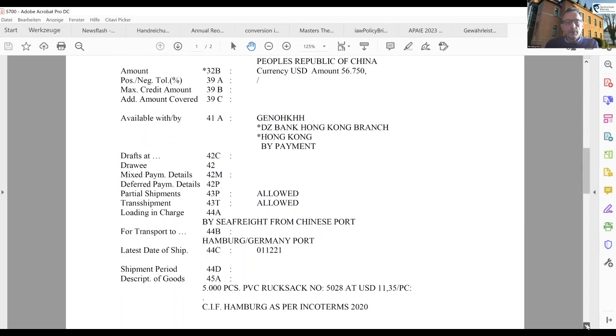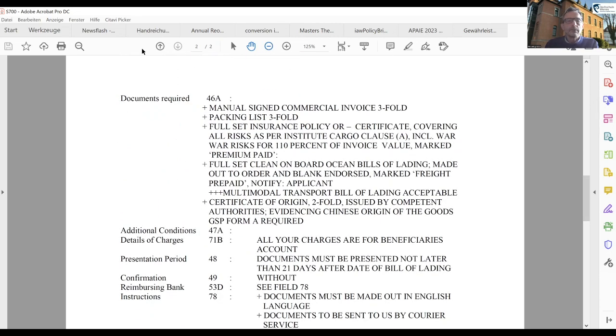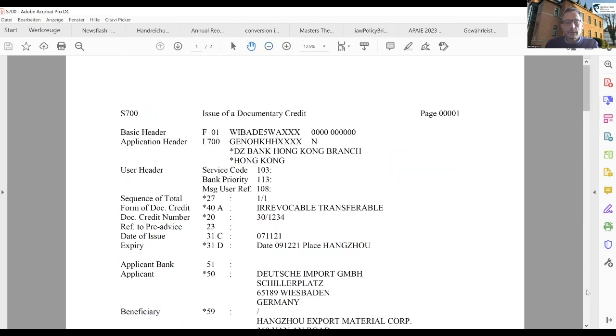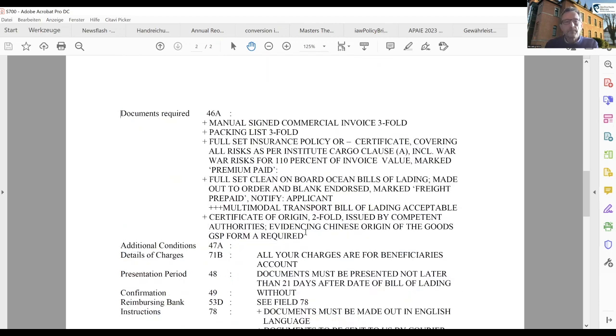Here the important thing is, sorry, I have to go to this page, that the goods are sent to, in that case, a port of destination. And description of goods, including here in that case the so-called Incoterms. How to prove that it was fulfilled?